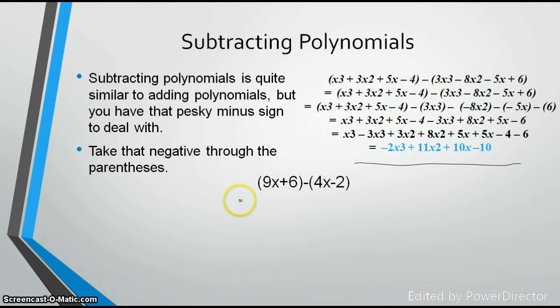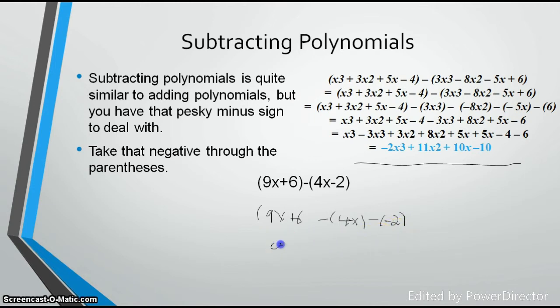So first what we have to do is 9x plus 6, you keep that, minus 4x minus negative 2.